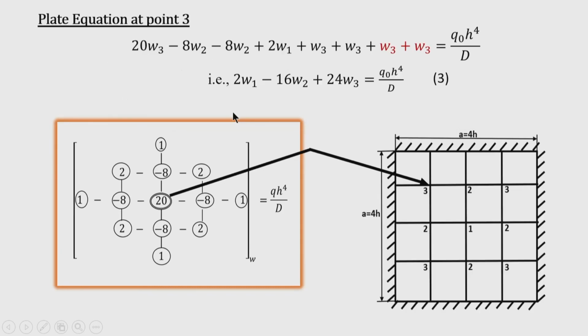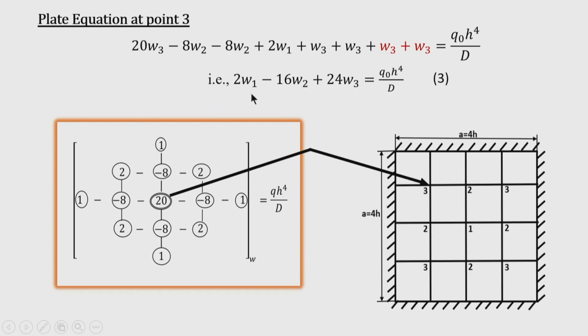Next, the plate equation is to be written at nodal point 3. Any of the nodal points you can choose because these are symmetrical points. After placing the stencil at 3, we can now write the nodal equation.